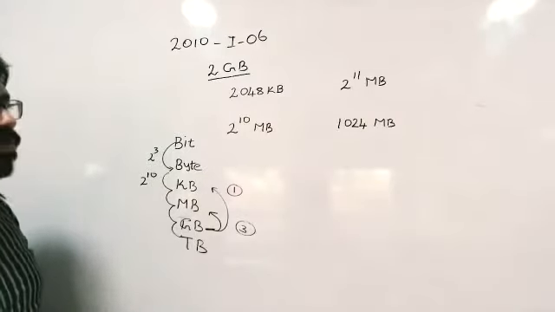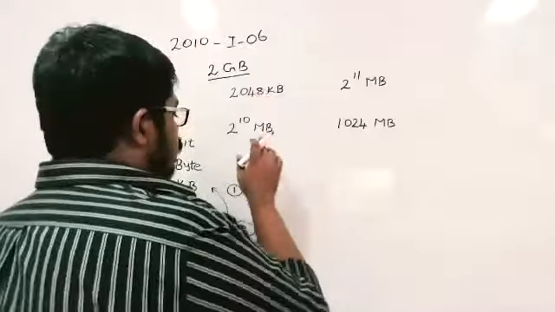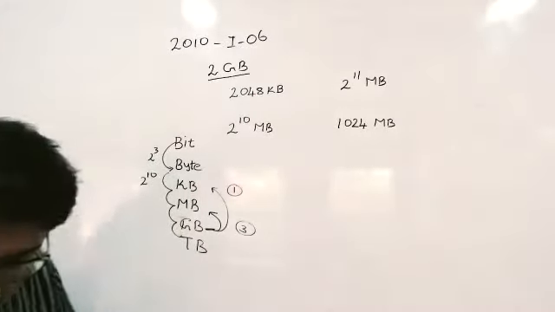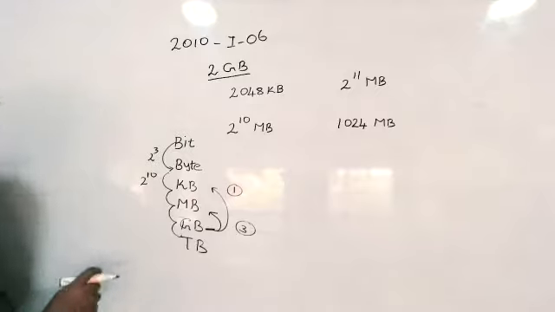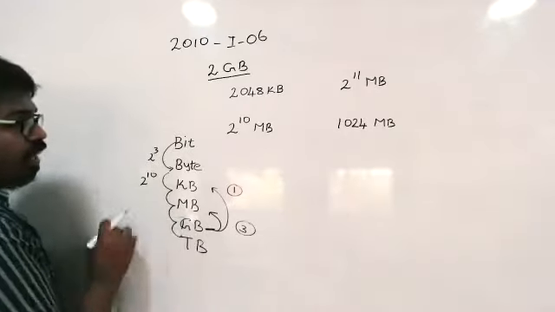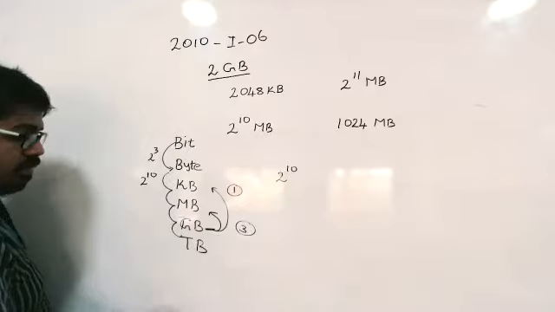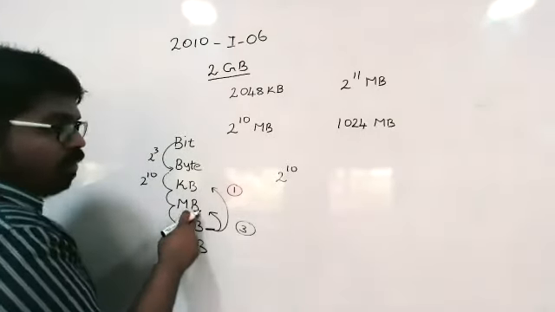So first, you have to convert this to megabyte. Gigabyte to megabyte, the relationship is 2 to the power 10. Why? Gigabyte is a larger unit, MB is the smaller unit.